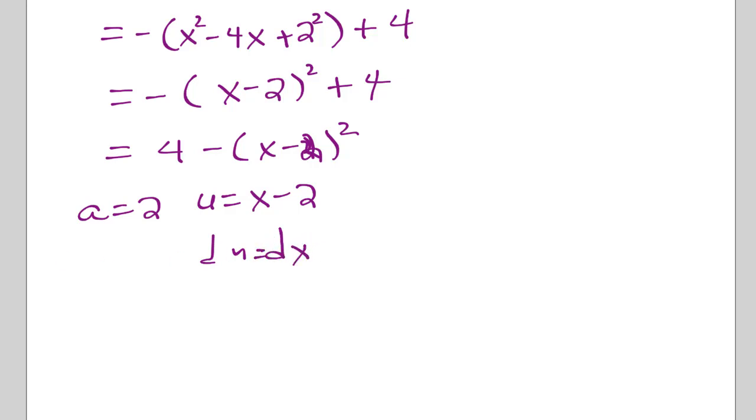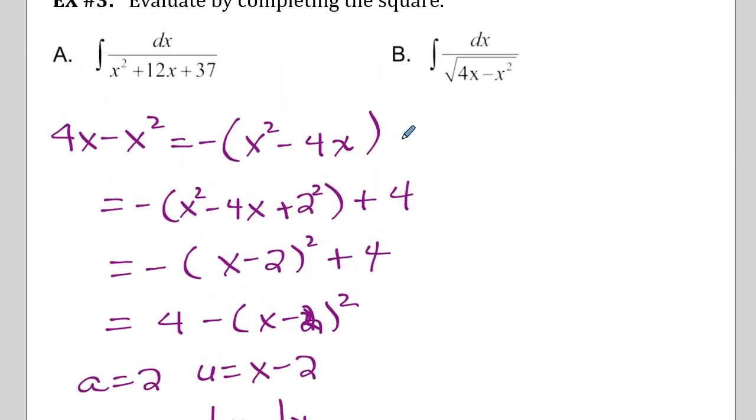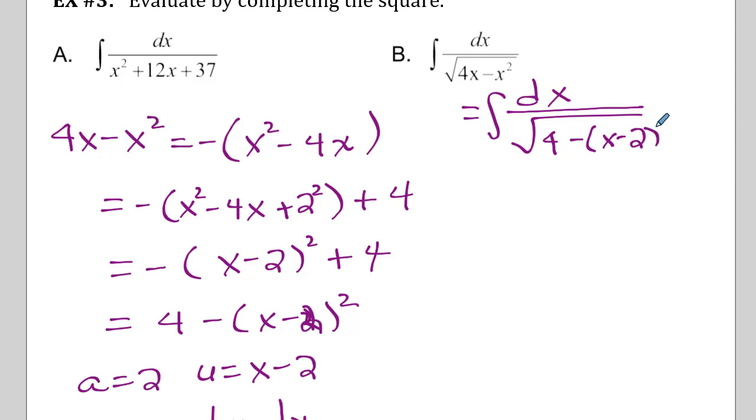So when we put all of this together, we can rewrite this as the integral of dx over the square root of 4 minus x minus 2 squared.